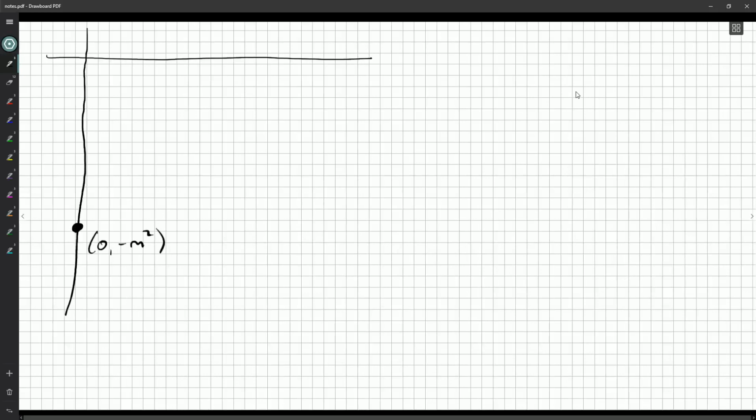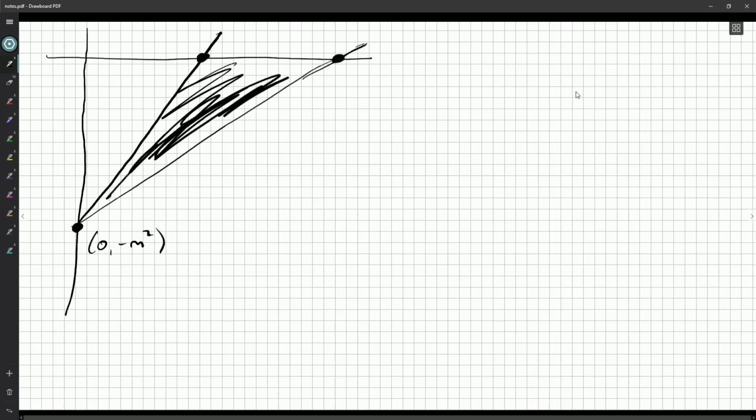And then m's positive, and the slopes were m and 2m. So one of them's steep, and one of them's a bit shallower. And then we've got some intercepts here. So that's why they spent so much time in A and B talking about intercepts. It's because we need to be working with the x-intercepts here.